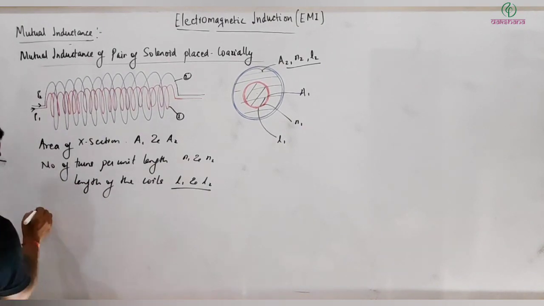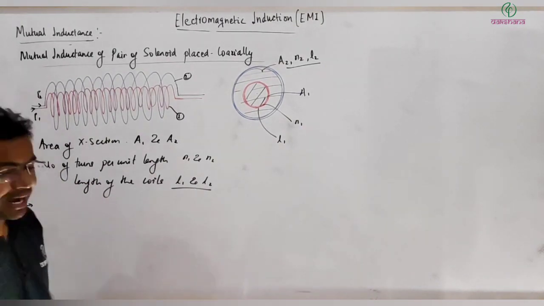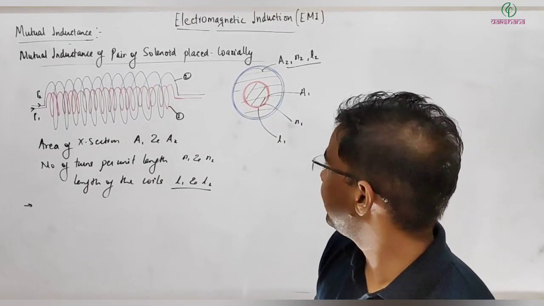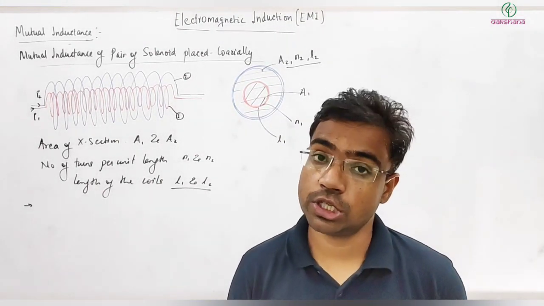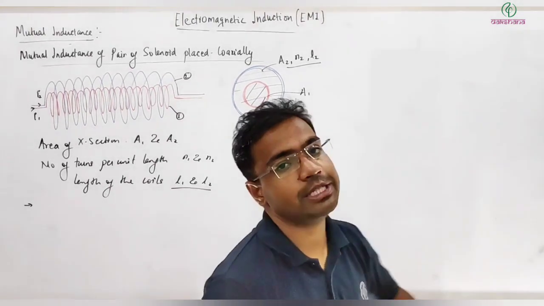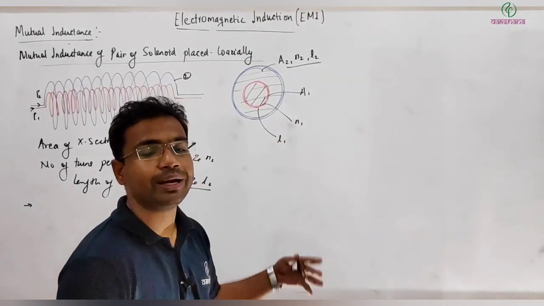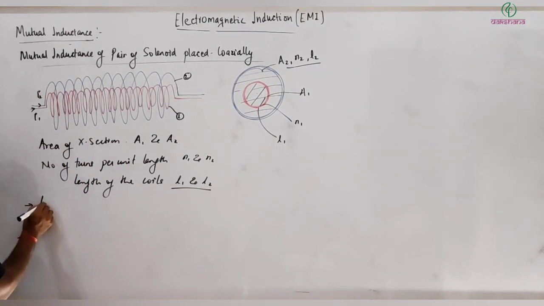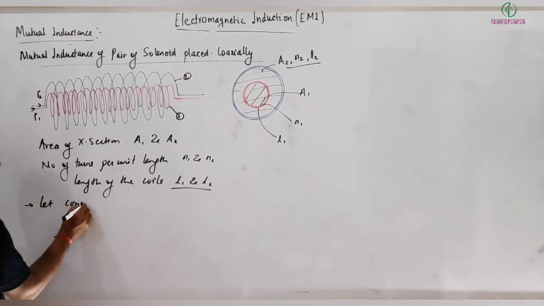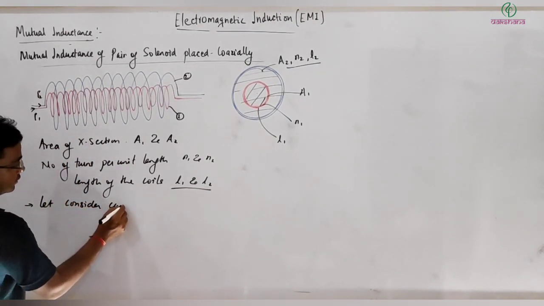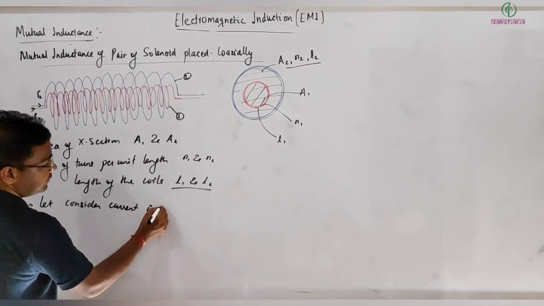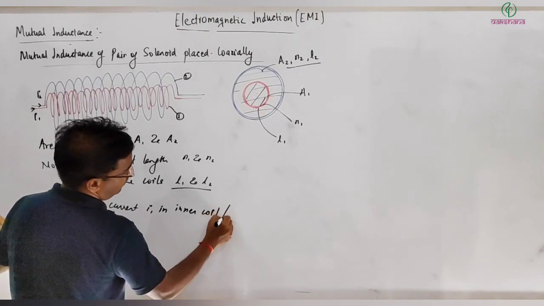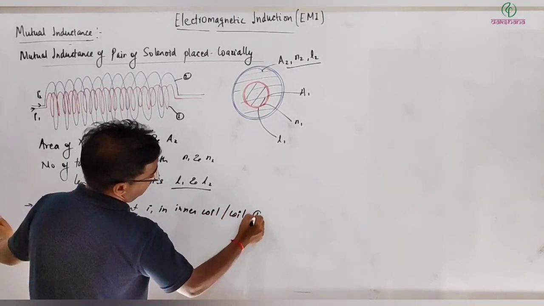Okay, so the method is we can go either way. We can calculate the flux due to the inner coil, or the flux due to the outer coil, meaning current in coil 1 and flux linked to the other coil. So let's consider current I1 in the inner coil, coil 1.